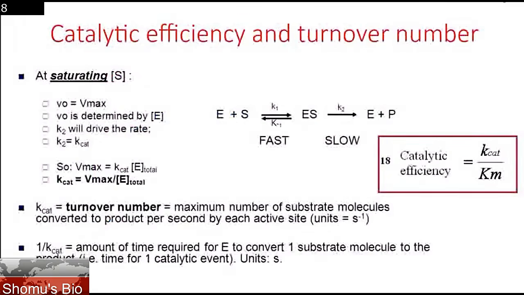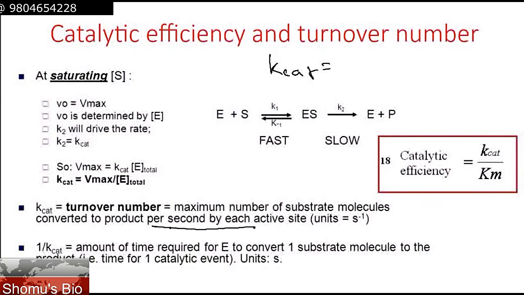Let me just tell you the simplest idea now, but during the math class I will explain it in detail. You know that kcat is also known as the turnover number. Turnover number means the maximum number of substrate molecules converted to product per second by each active site of the enzyme.